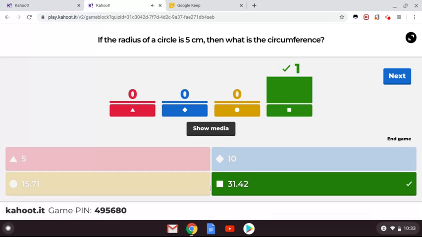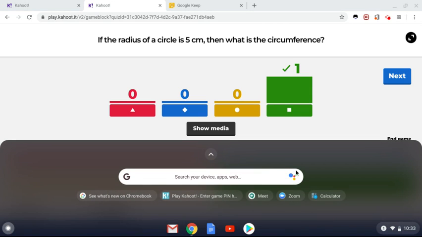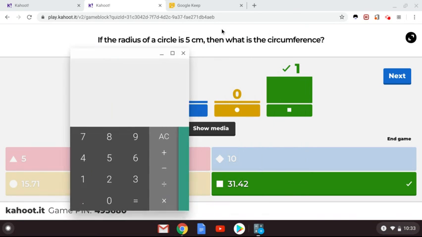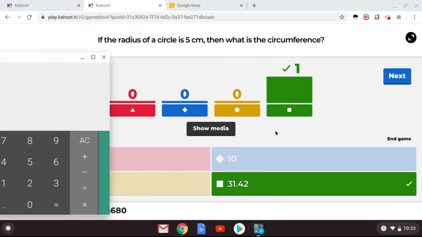I'm actually going to take out my calculator really quickly so you can see what I'm doing. Then we move on to the next one.